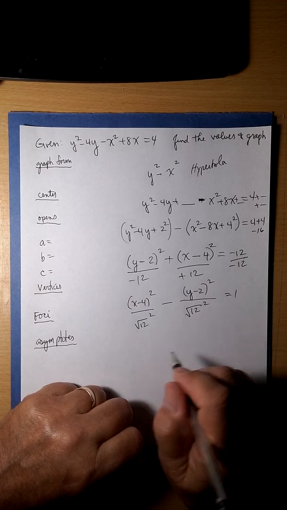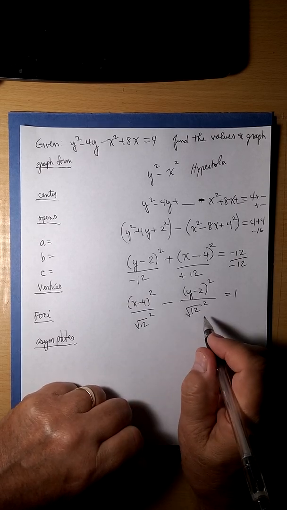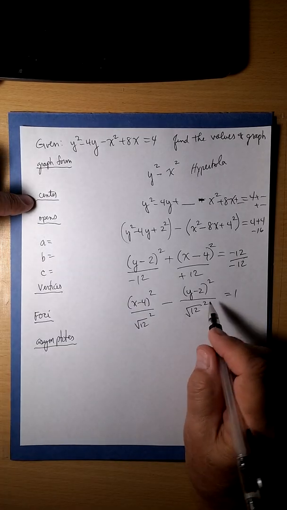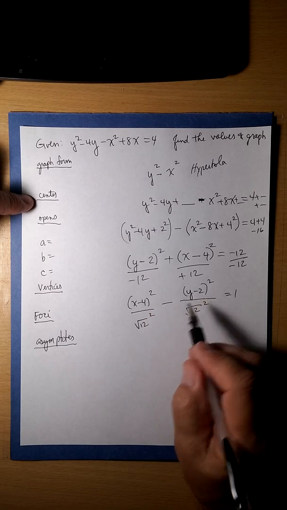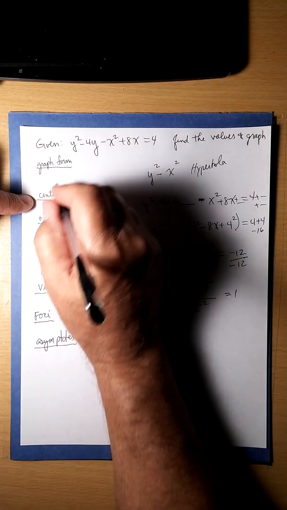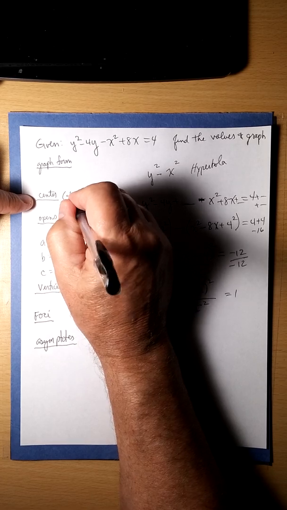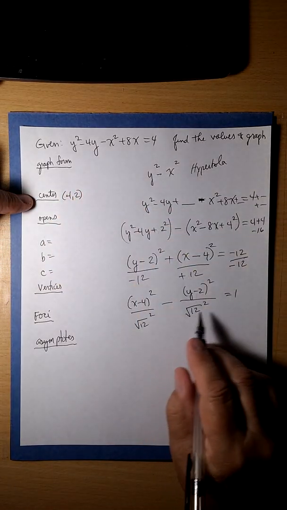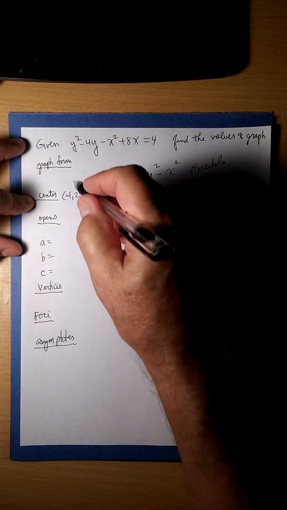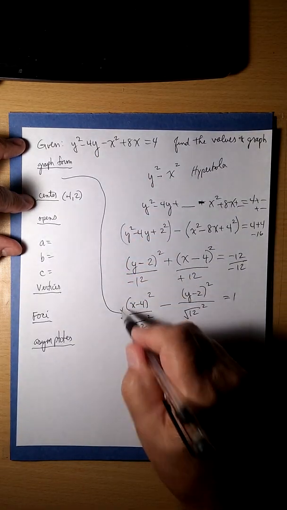So this then, we know what the center is, h, k. It's 4, 2. Remember, those negatives are important. This is the graph form.